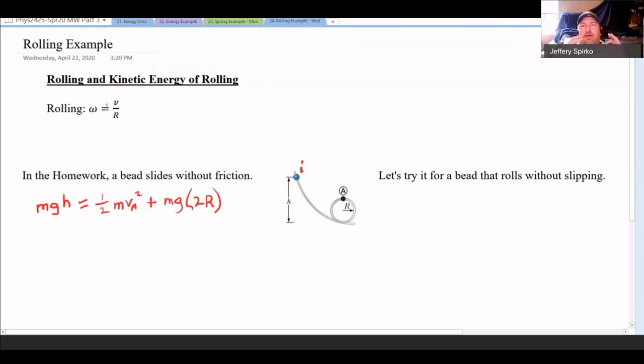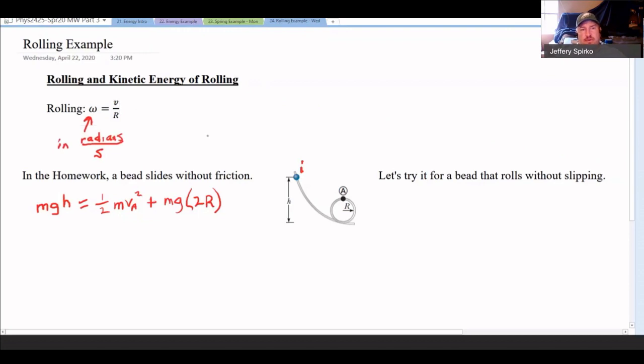So if you have some rollable object, a cylinder, a disc, or a ball, that is rolling along with a speed of v, then it's going to have an omega equal to v over r. And this omega is in radians per second. So the omega is describing how many radians per second of rotation our object has.